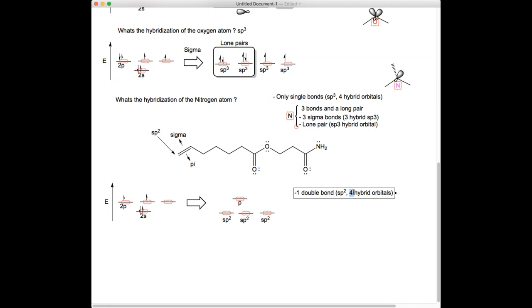And then I will have 3 hybrid orbitals and a p orbital. One double bond, I know the atom is going to be sp2 hybridized. And the moment I know it's sp2 hybridized, I must know that that atom is going to have 3 hybrid orbitals, so 3 sp2 and 1 pure p orbital for the pi bond.